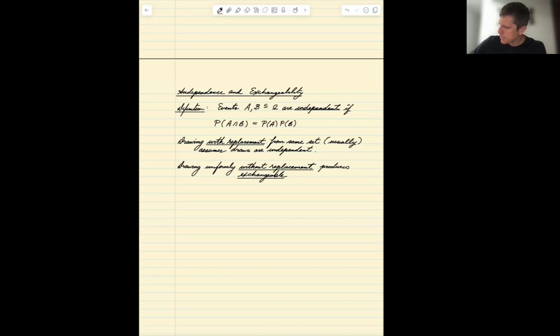What does that mean? Exchangeable observations are not independent, but they have a symmetry to them. Okay, so let's talk about an example.